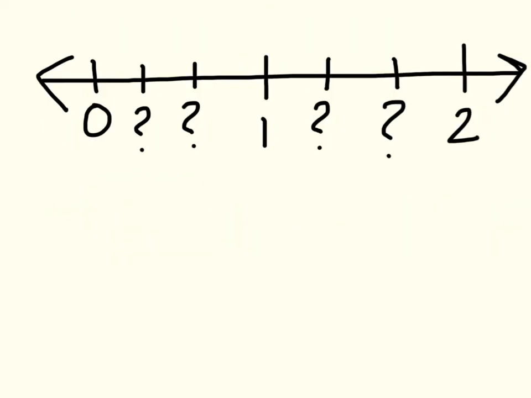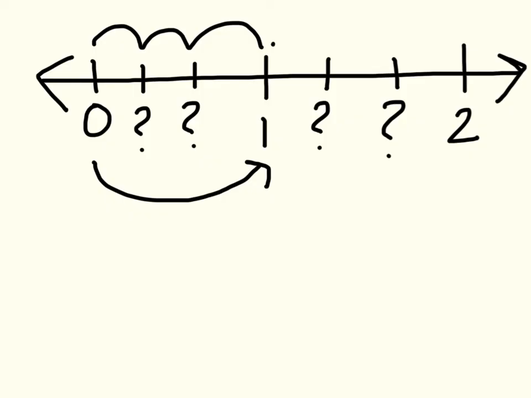Using this number line, let's see if we can figure out what the missing fractions or mixed numbers on the number line would be. We can see that we start with 0 and move by 1, 2, 3 intervals to 1. And we also move from 1 to 2 in 1, 2, 3 intervals.